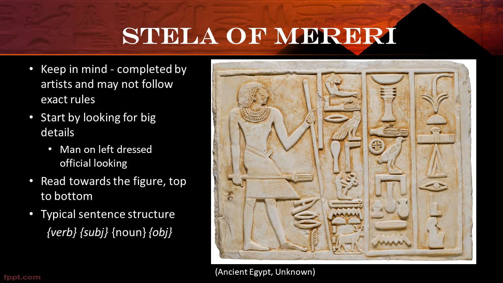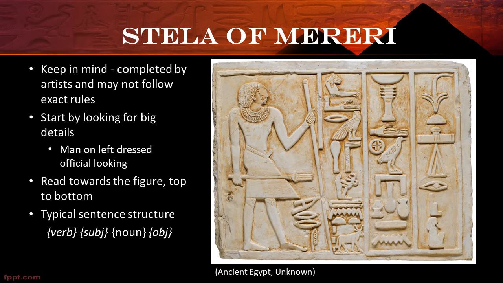Also, they were limited on the medium they were using, so even though there are rules that they follow most of the time, they break those rules simply because of space or other reasons. So they might not follow the rules exactly. Even though I might tell you, here, this is the rule, it's not always the way it is.